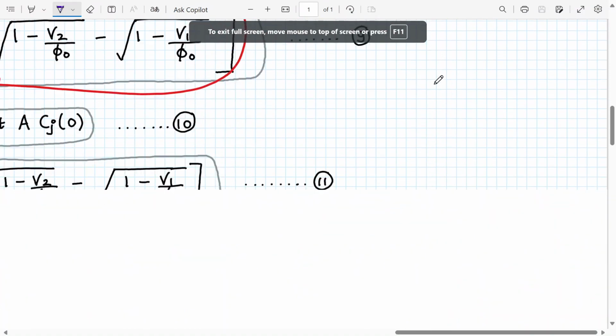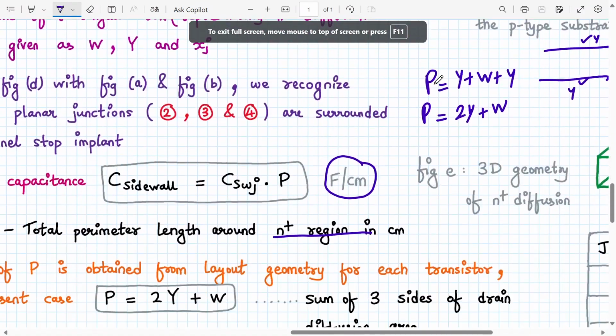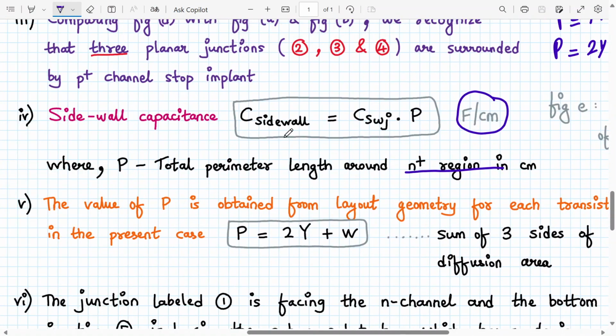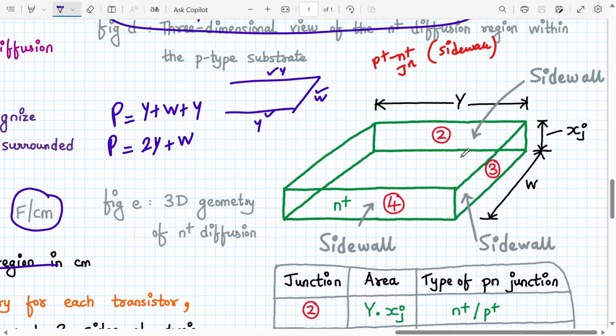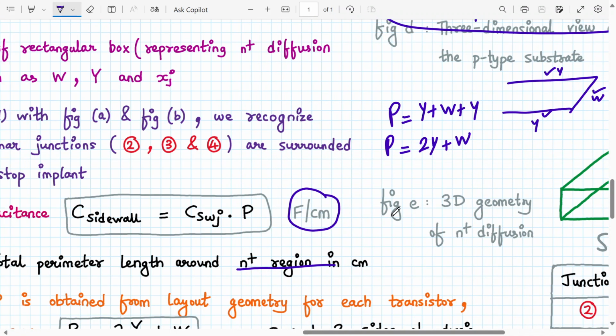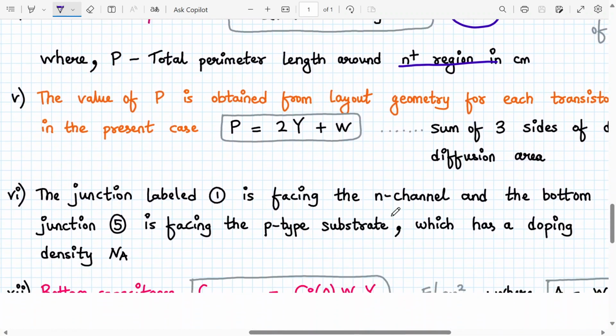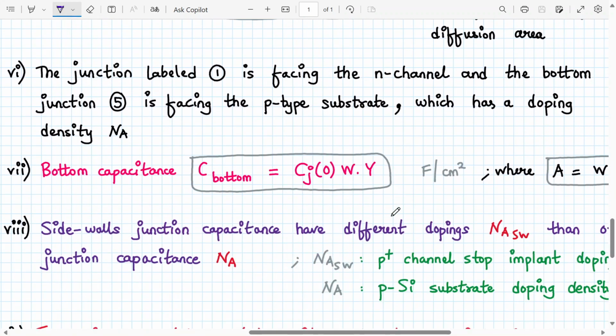All right. So that's why we have written it over here. Write down please this formula. C sidewall is equal to CSWJ into P, where P is 2Y plus W. Where did it come from? It came from over here. Agree? And C bottom capacitance is given by Cj0 into area.